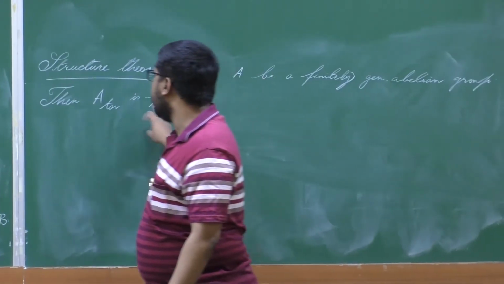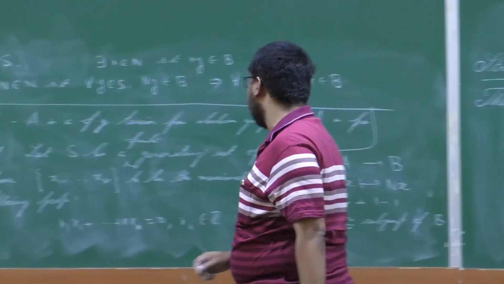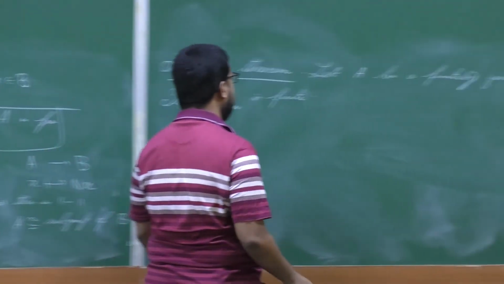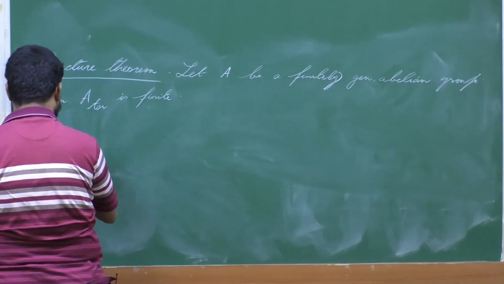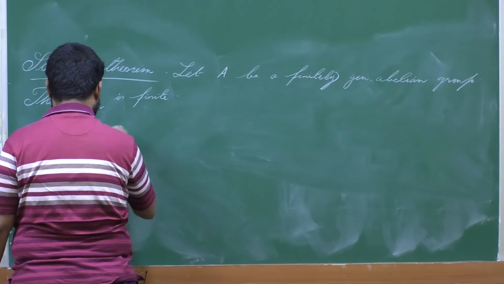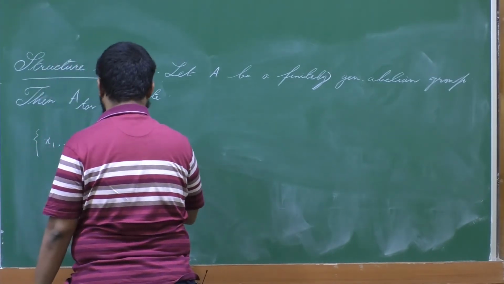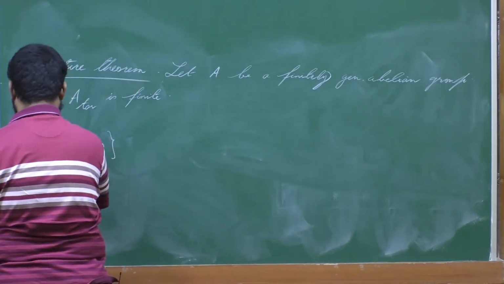So in order to show this is finite, we will prove A tor is finitely generated. So how to do that? That is actually quite simple. Let me write down the argument here. Let this be a generating set of A.